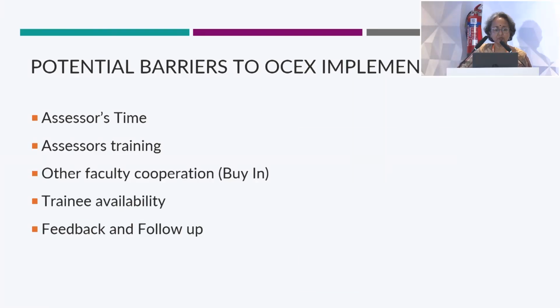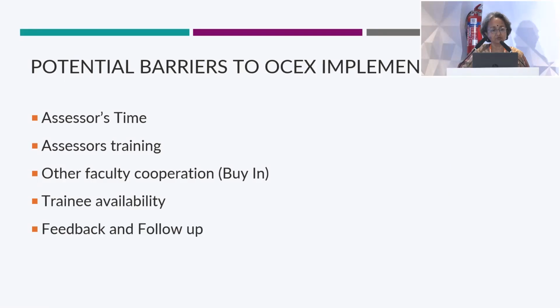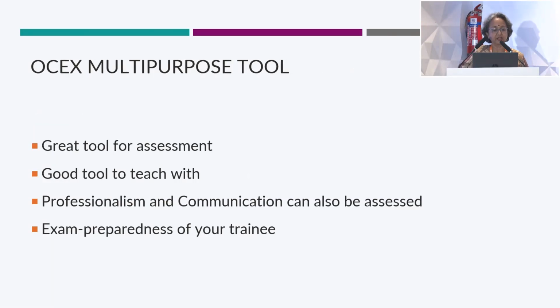Occasionally, we will also have them record the encounter and present it to me. The potential barriers to OCEX implementation are the assessor's time, assessor's training, and other faculty cooperation. From whom the posting they're relieved, and they come to you for 90 minutes, they have to buy in. And then the trainee availability and feedback and follow-up.